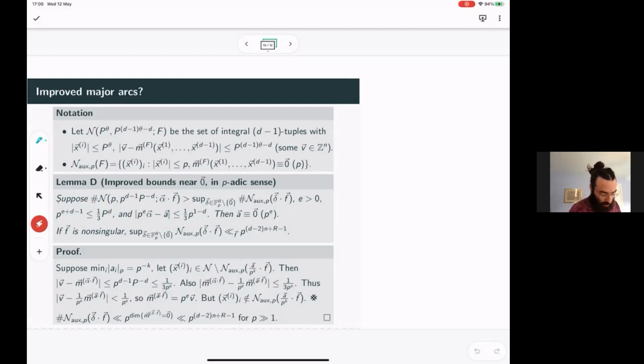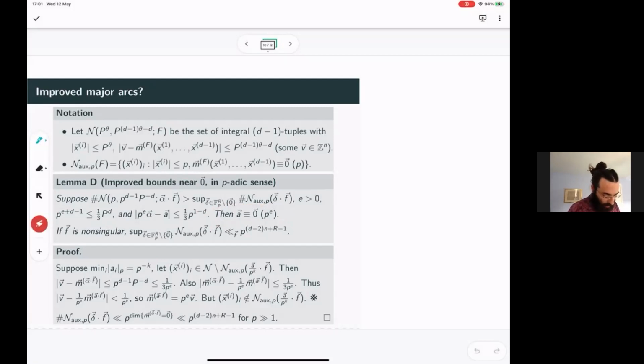Okay, so if the exponential sum is large and we're in this p-adic neighborhood of the origin, then we have to actually be close to 0. So a on p to the e is the rational vector that we're close to, and so this conclusion here, that a is congruent to 0 mod p to the e, is saying that we're actually very close to 0.